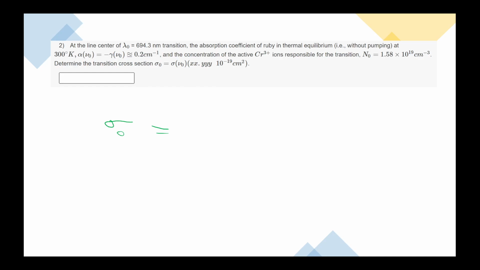Absorption coefficient alpha naught upon N naught.